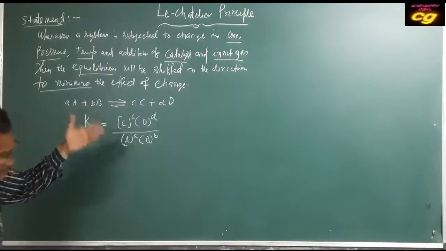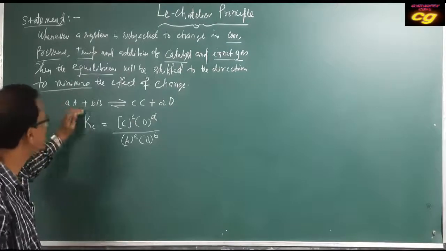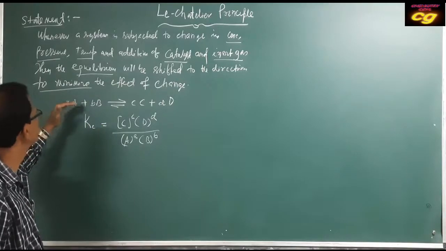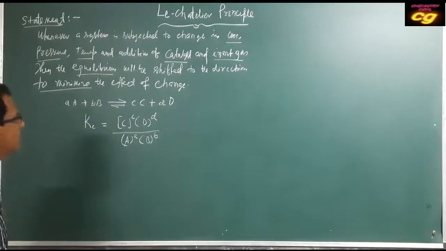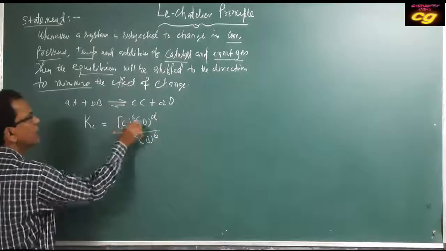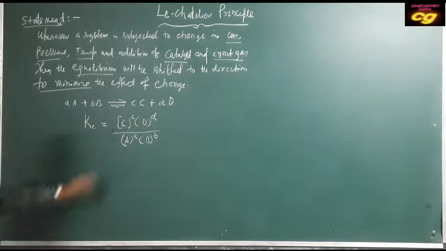But if you bring a change in the concentration of either reactant or product, then the ratio will change. For example, if you add more C and D, then the numerator value will increase, so the whole value will increase.